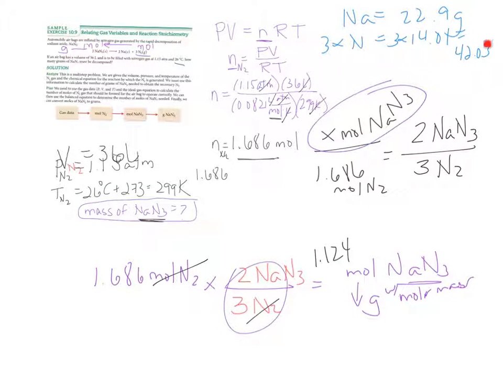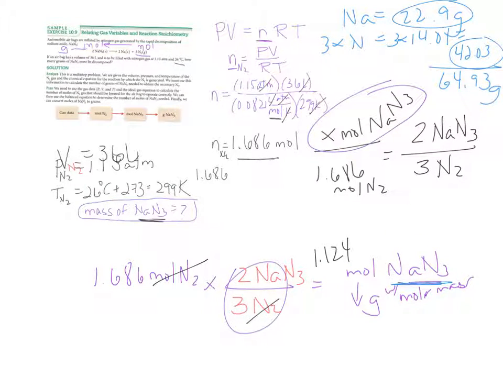So we're going to add 42.03 to 22.9. We get 64.93 grams. So that's our molar mass of sodium azide down here.